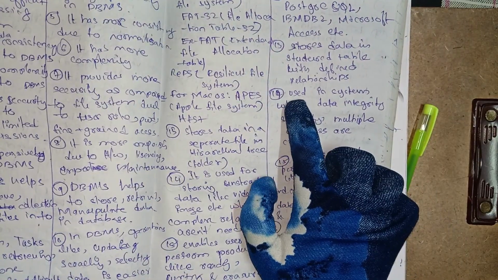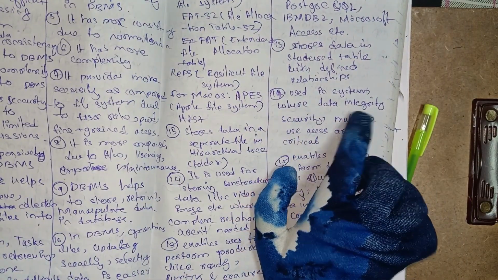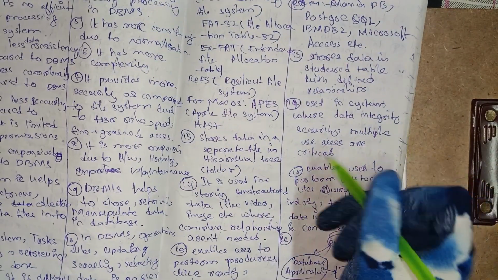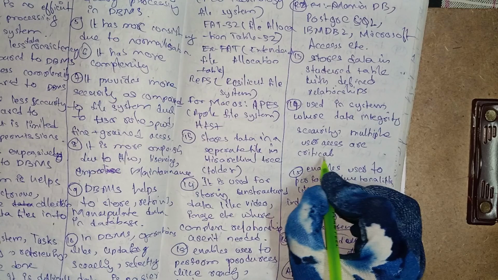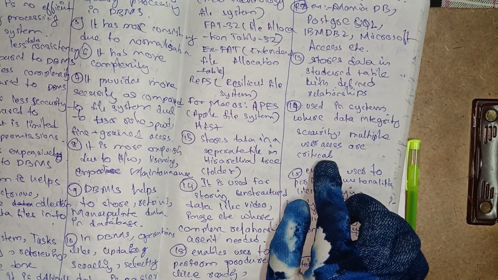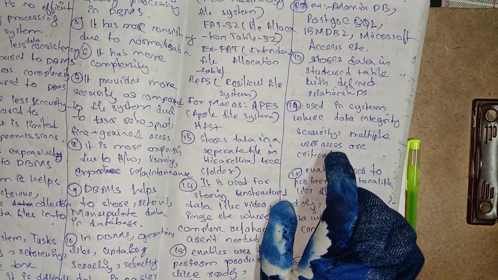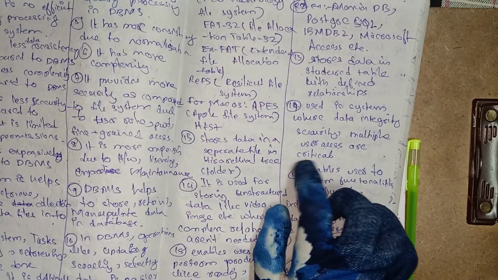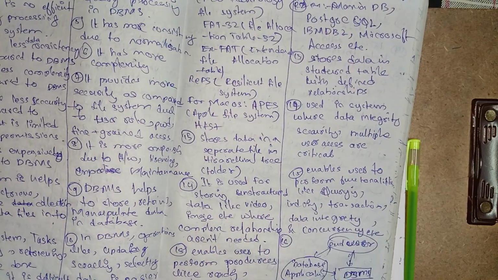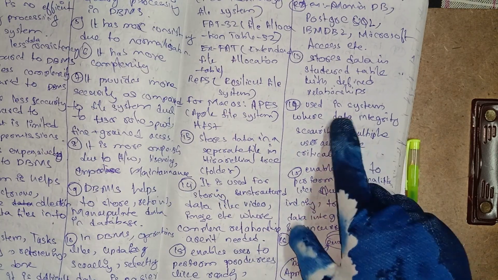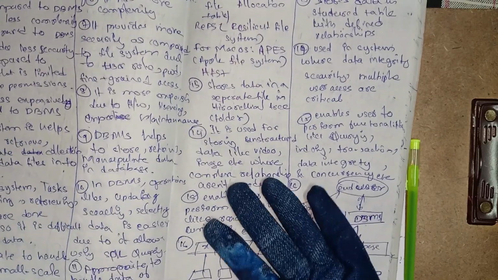And DBMS is used in systems where data integrity, searching, and multiple user access are critical, where it is otherwise impossible or difficult. So in those types of systems, the DBMS is used to access these facilities.